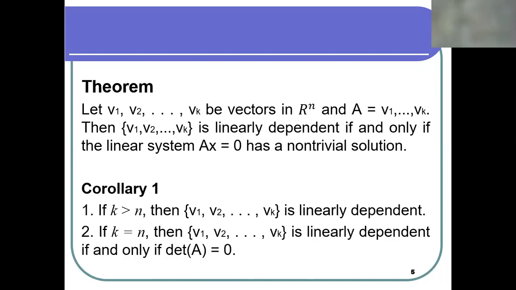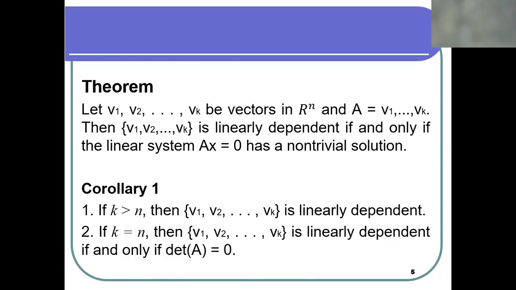Let us take one theorem from our last lectures on linearly independent sets. We have k vectors in R^n, and A is the matrix with columns V1 up to Vk. Then V1, V2 up to Vk is linearly independent if and only if the linear system A x = 0 has only the trivial solution. Otherwise it falls in the case of infinitely many solutions.